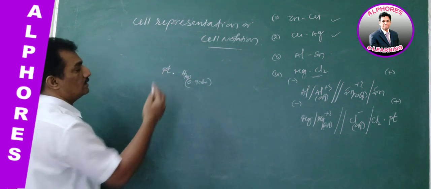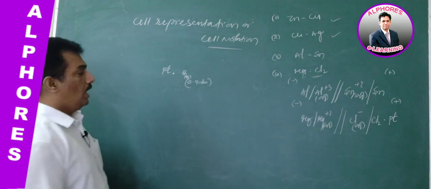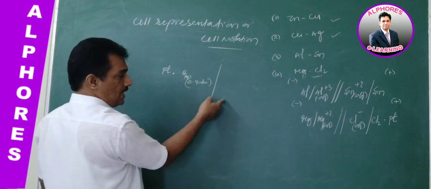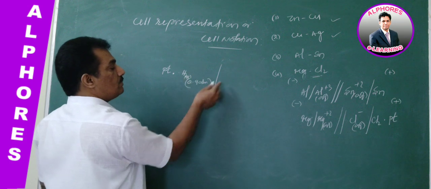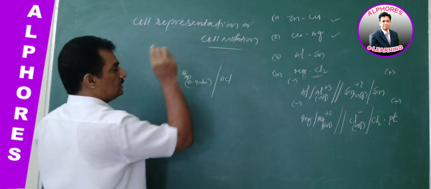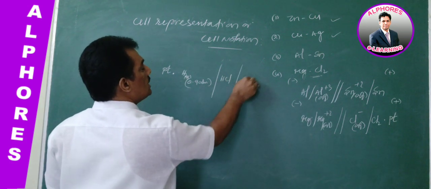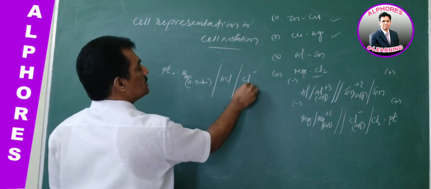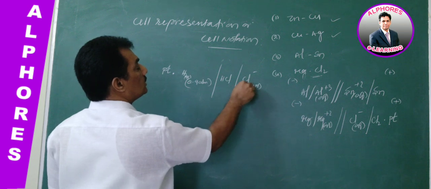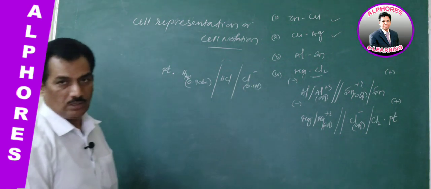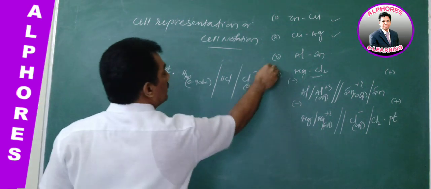You can represent like this, and it has H plus, but that H plus exists in the HCl solution, and on the other side we also have Cl minus, and the Cl minus is at 0.1 molar concentration because it is an aqueous solution, it is not a gas.